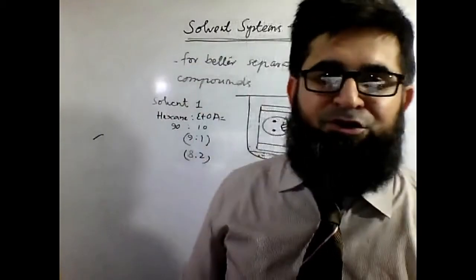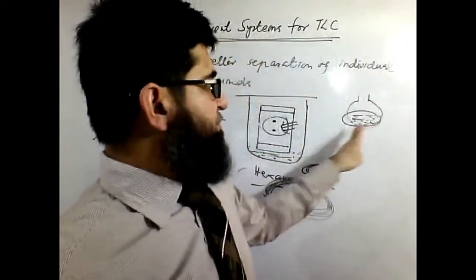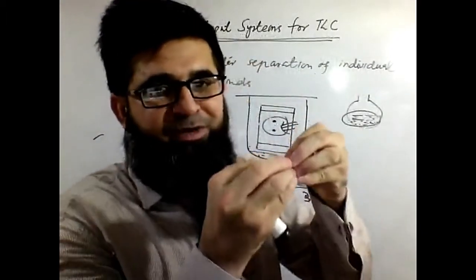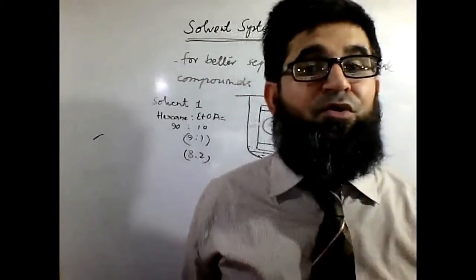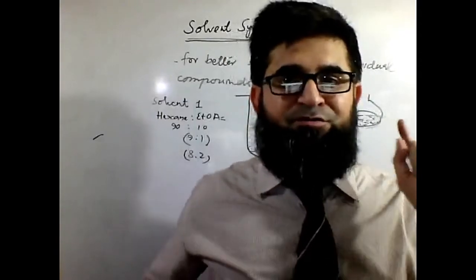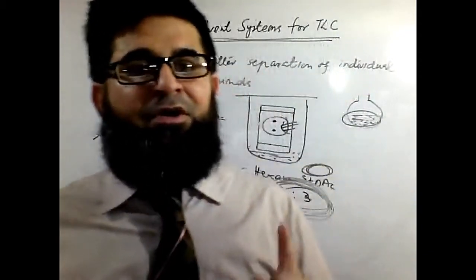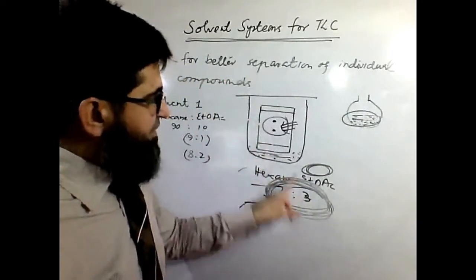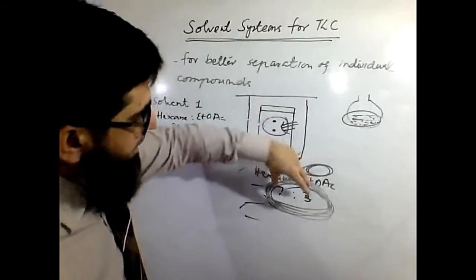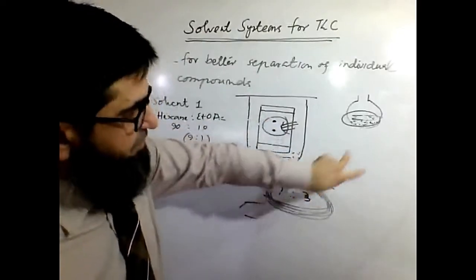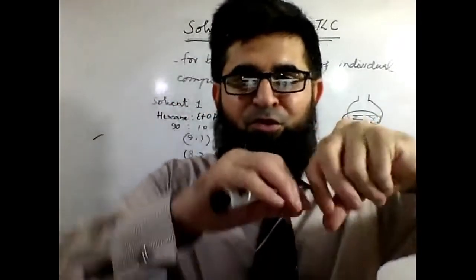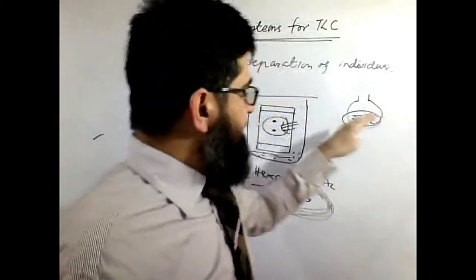If somebody uses only hexane for the purification of these two at 10 gram scale, definitely the two merging spots can't be separated, so you won't get better separation of your byproduct from the major product. However, if somebody uses TLC and finds out 70-30 gives far better separation, and later uses 70-30 for the separation of this 10 gram, 20 gram, then he will get both compounds in two very different flasks.